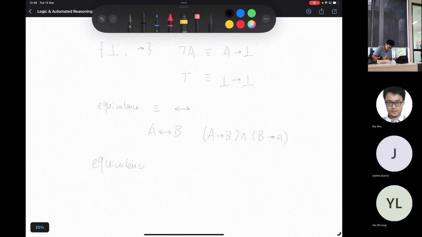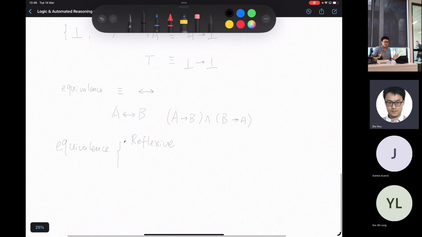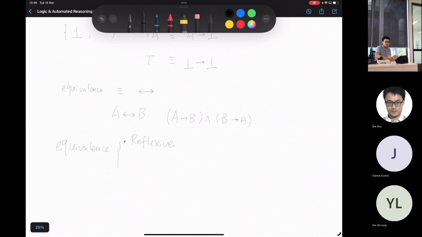Equivalence has three nice properties. The first one is called reflexive. It means something reflects to itself. For a binary relation, reflexive means A is related to itself. So A is equal to itself. Make sense?